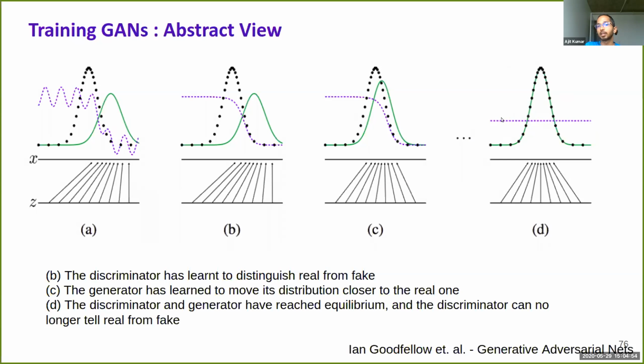And finally at equilibrium, the green curve, which is the generated image curve, closely matches our original distribution. And this line is essentially representing a half because it is not sure which one belongs to the generated ones or the fake ones. So this is the equilibrium position.